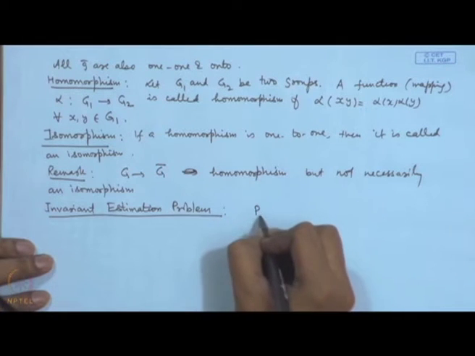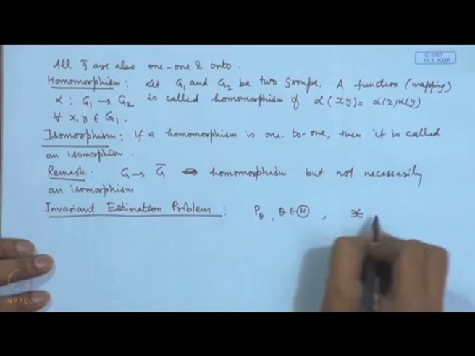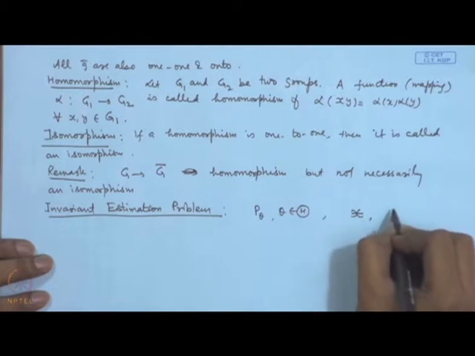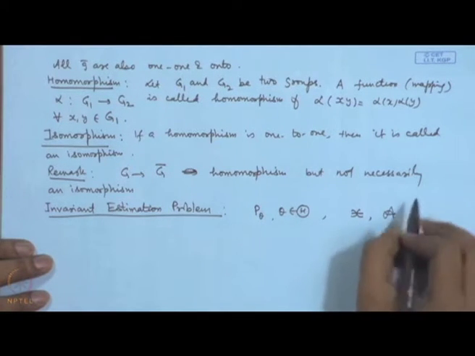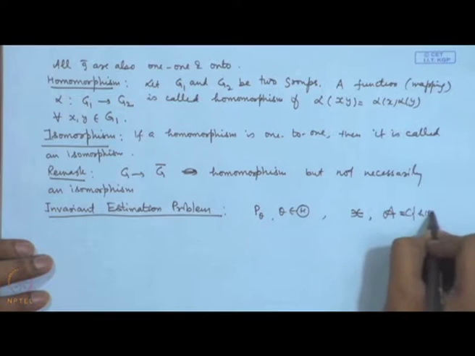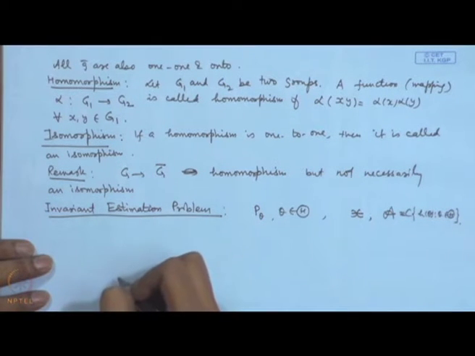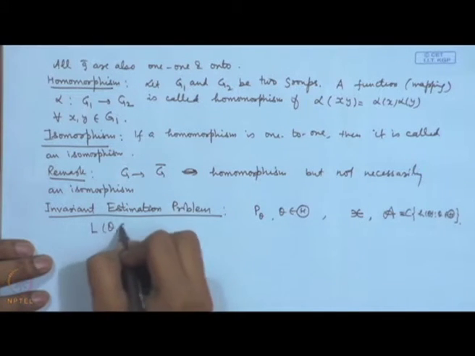So, we have the family of distributions, we have the space of the values of the random variable, we have the action space, that is the convex closure of the h theta values, and we have a loss function.